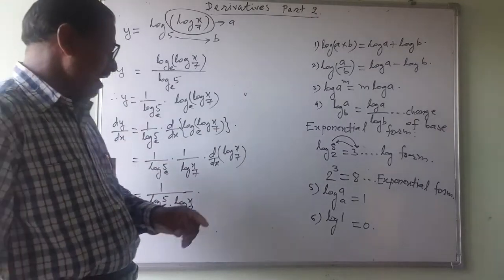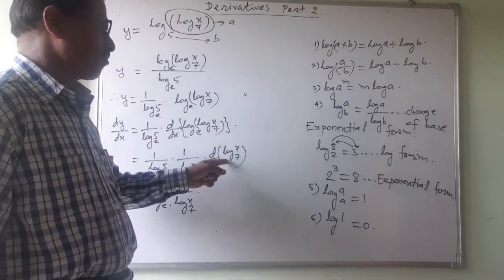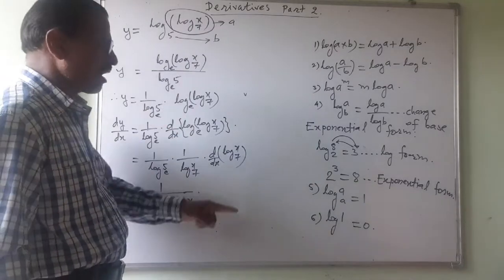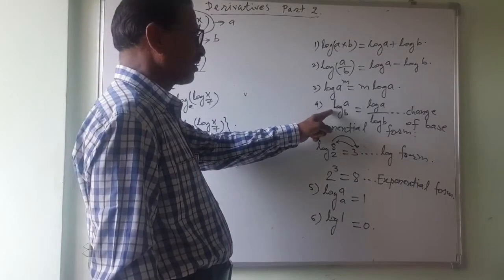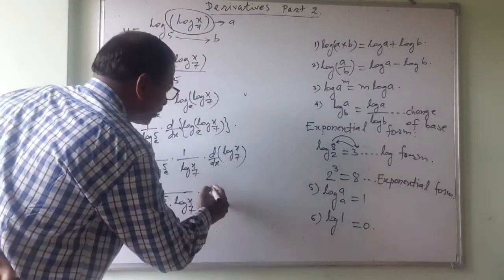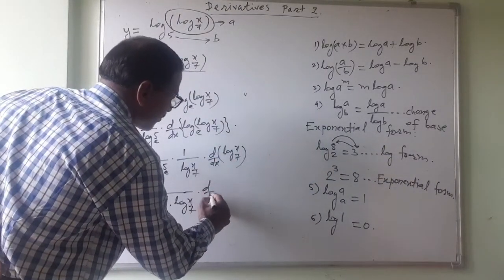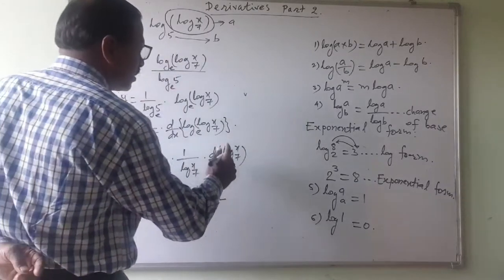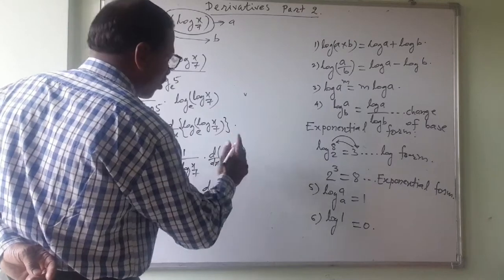Now once again I am struggling here with the base. The base I want is e. So I will go here, change of base. I want to change this base. So d by dx as it is I will write. And first of all I will transform the base: log of a upon log of b.